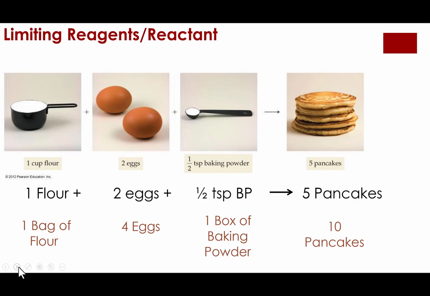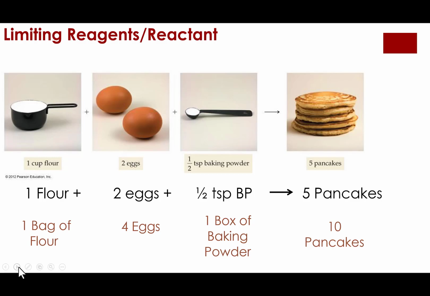So in this scenario, the eggs are what we call the limiting reagent or the limiting reactant. It's the one piece of the recipe that limited us from making more pancakes. So with the ingredients as they're written on the board, the maximum number of pancakes, the most pancakes I could possibly make is 10 pancakes.